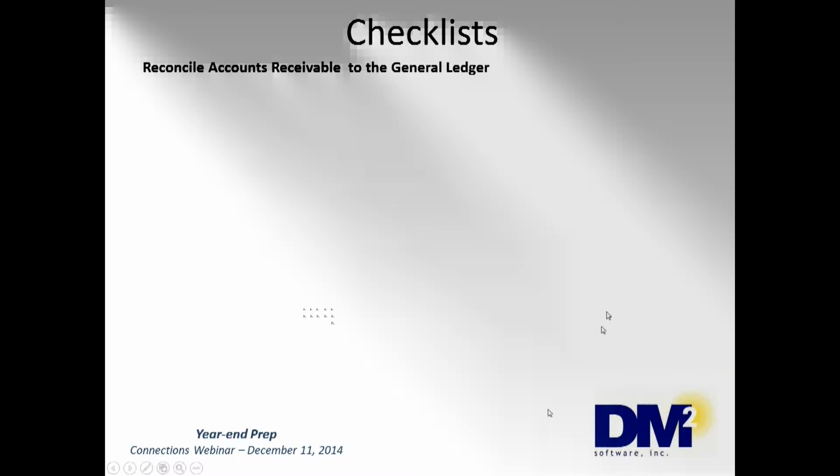We would also want to reconcile accounts receivable to general ledger, and it basically follows the same principles as AP. So prior to reconciliation, make sure that everything in those subsidiary modules that post to the GL has been updated: sales order, job cost, and others.